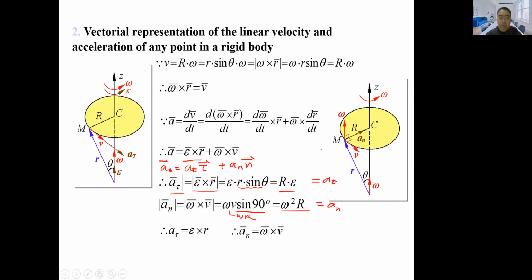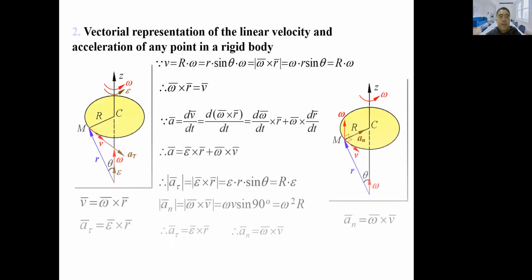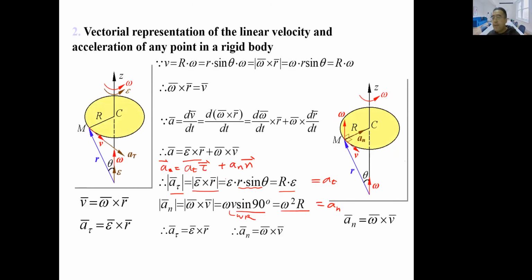Maybe this part is a little bit difficult for you to understand, but don't worry. I think you just need to have a basic impression of this. Actually, we will use this in chapter 8. I'm a little bit afraid to go through chapter 8 with you.